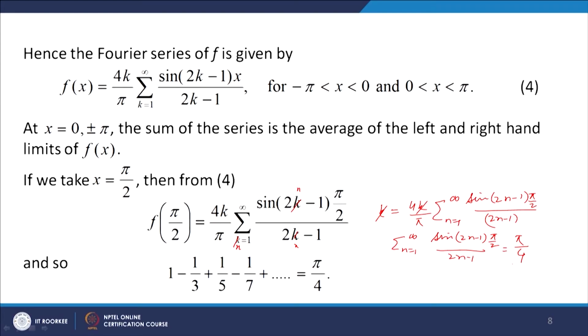And sin (2n minus 1) into pi by 2 is equal to minus 1 to the power n minus 1, so sigma n equal to 1 to infinity (minus 1) to the power n minus 1 divided by (2n minus 1) is equal to pi by 4. So, we get 1 minus 1 by 3 plus 1 by 5 minus 1 by 7 and so on equal to pi by 4. So, by using the Fourier series, we can also find the sum of series of constant terms in some particular cases.